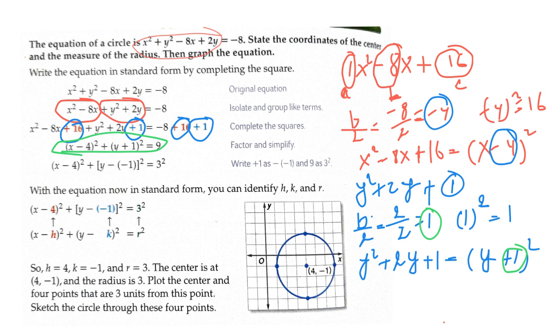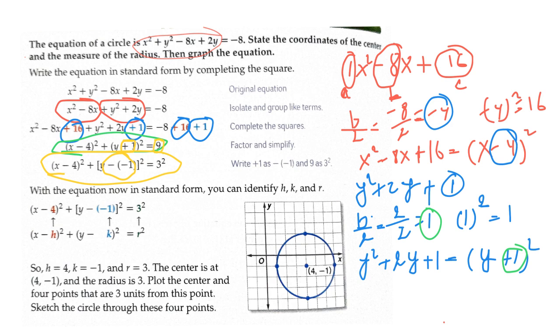Notice that this positive 1 can be written as minus a negative 1, and we did this step because we have to match this equation to the standard form of the equation of a circle. So remember that in the standard form we have x minus h squared plus y minus k squared equals r squared, and we do the same thing for 9.